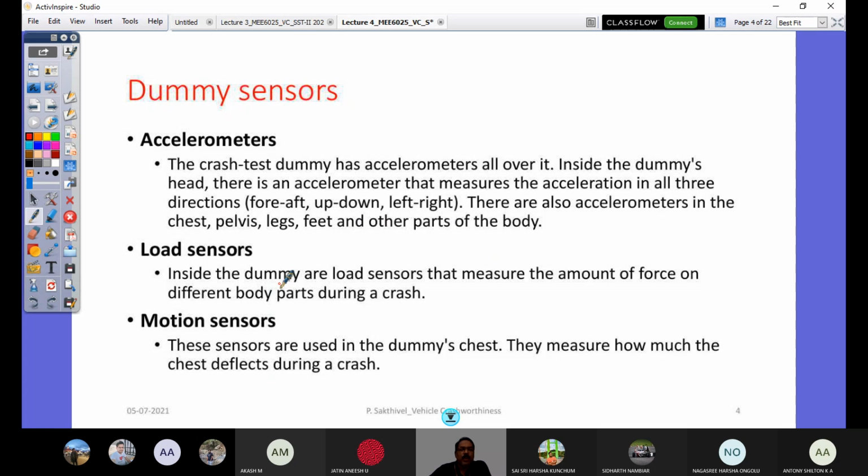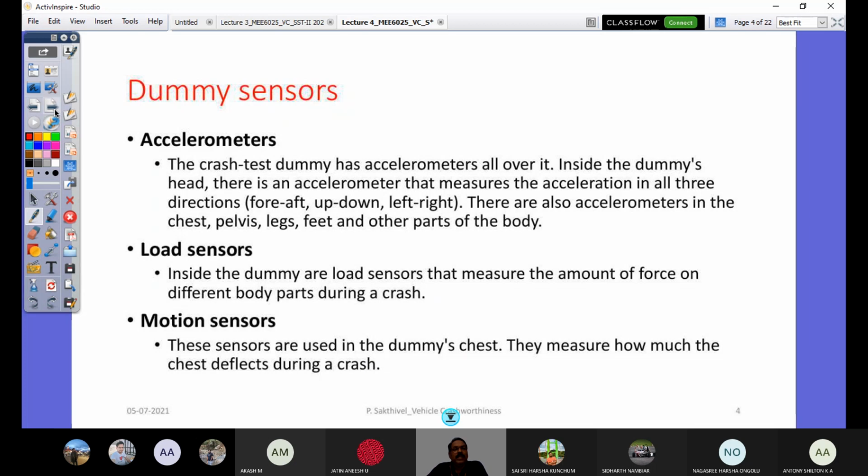Another important sensor is the load sensor. Inside the dummy are load sensors that measure the amount of force on different body parts during the crash. And then motion sensors. These are used in the dummy's chest, and they measure how much the chest deflects during a crash.